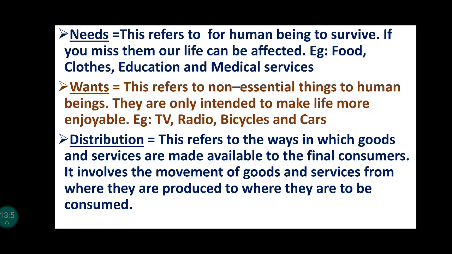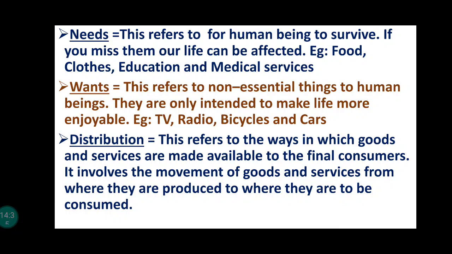Distribution refers to the way in which goods and services are made available to final consumers. It involves the movement of goods and services from where they are produced to where they are to be consumed. The production area can be anywhere. It can be far away, might be in another country or in a far area in the same country, and the consumer can be living in another part of the country.